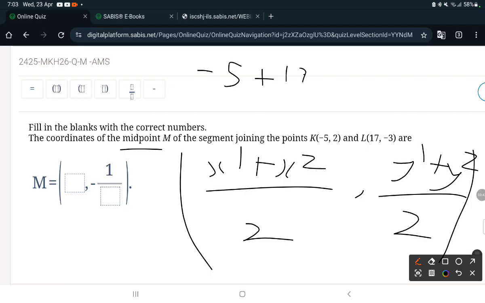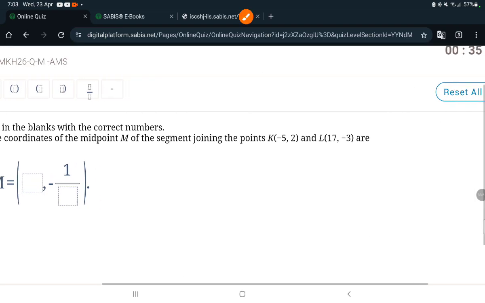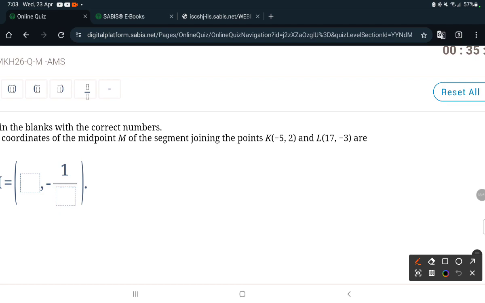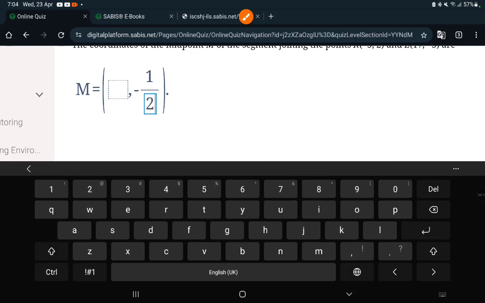That's 12 over 2, which is 6. So x is 6 for the midpoint. And then we have y1 plus y2: 2 plus negative 3, which is negative 1, over 2. So y is negative 1 over 2, x is 6.